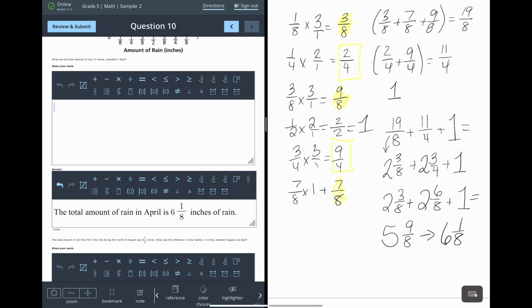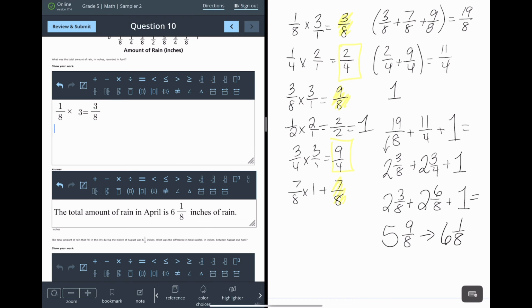Here's the hard part. I have to show all this work. So I've got to really show it all in there. And it's going to be challenging, but that's okay. Challenges are meant to be challenging. So I'm going to do 1/8 times 3 is equal to 3/8.